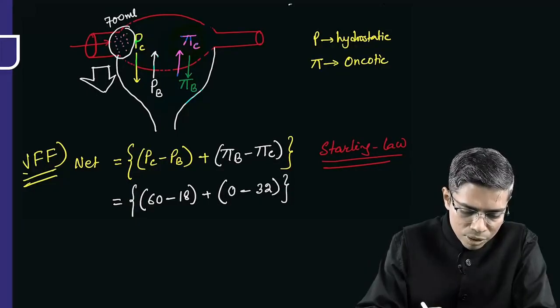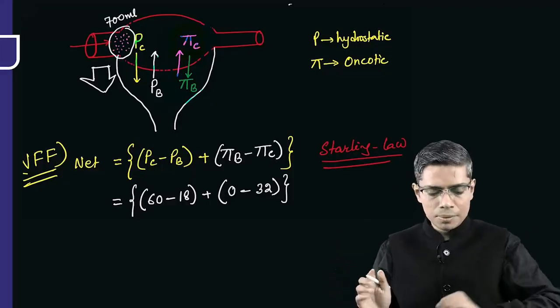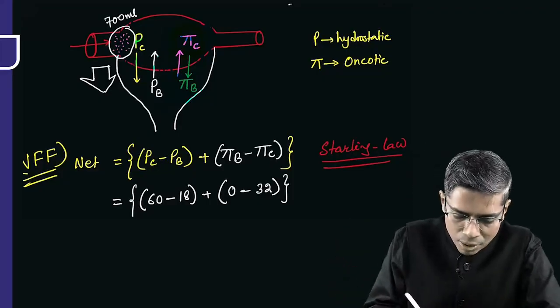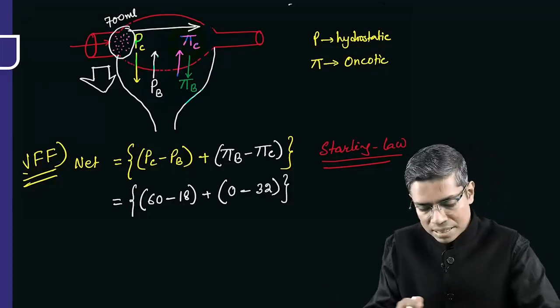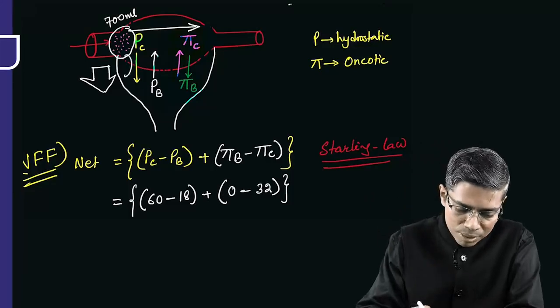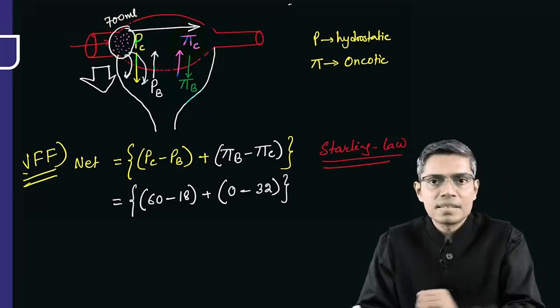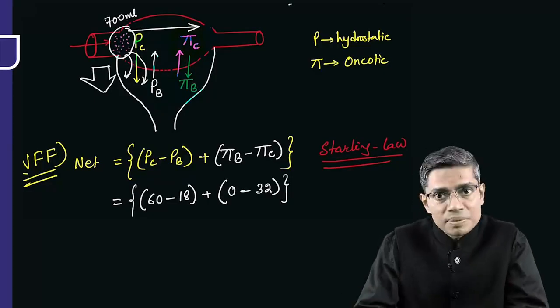So these 100 molecules of albumin are giving the oncotic pressure of the capillary, right? Now, when this 700 ml of plasma is flowing through this glomerular capillary towards the efferent arteriole end, what will happen? Some of the plasma is going to be filtered. That is the normal GFR, filtration.